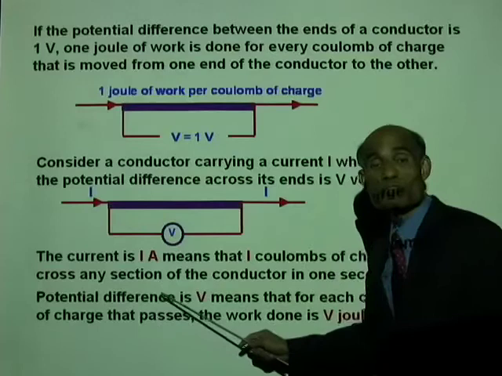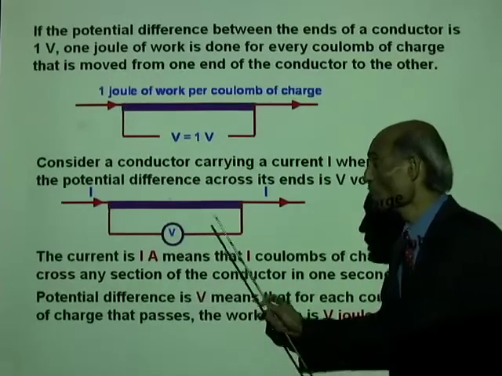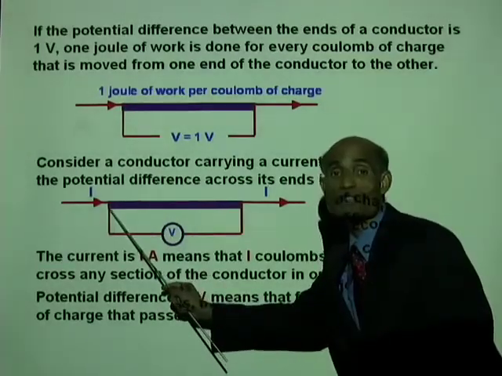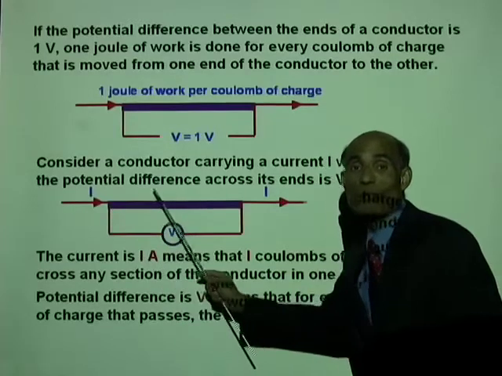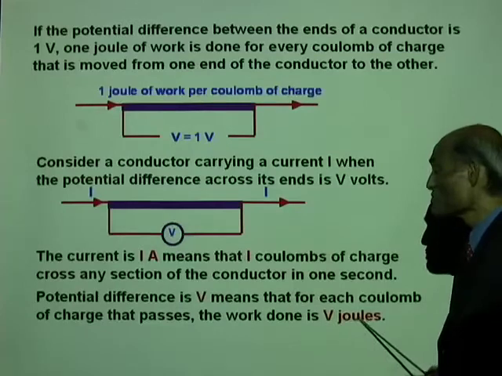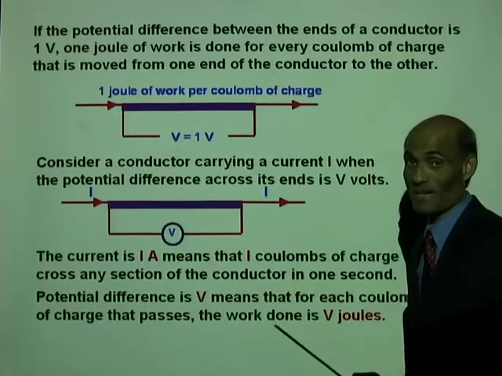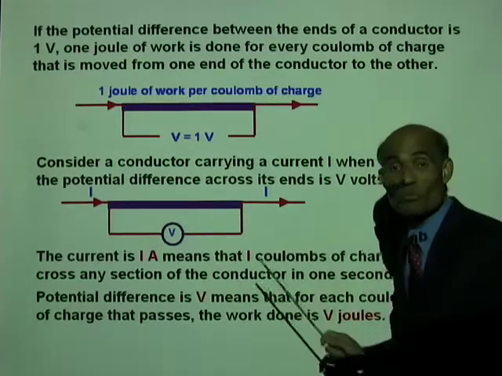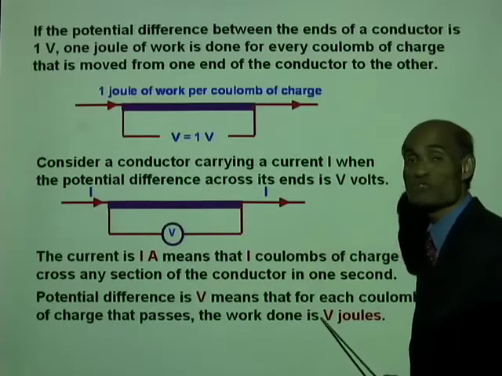And potential difference is V means that for each coulomb of charge that moves from one end to the other, the work done is V joules. For each coulomb, the work done is V joules.